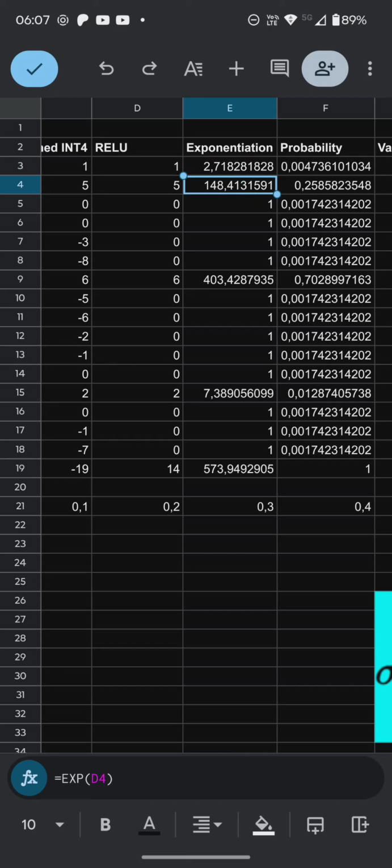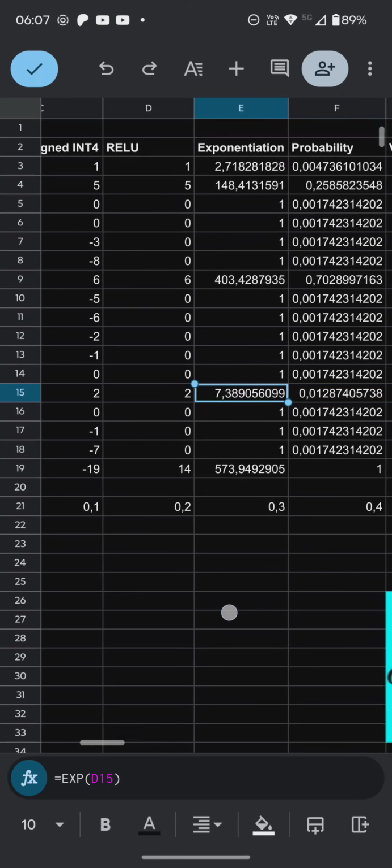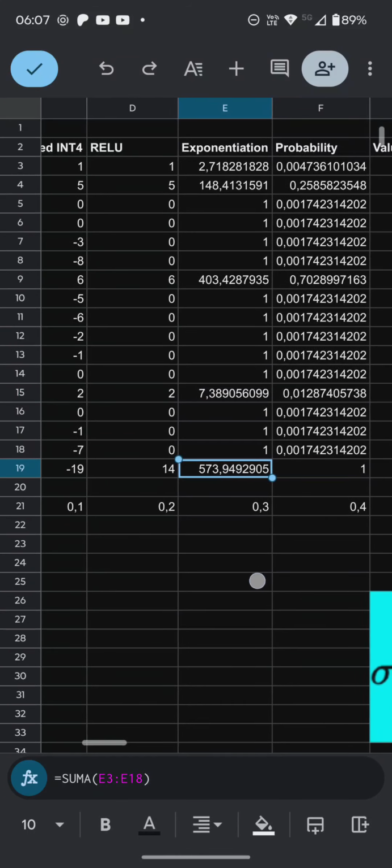But you can see that 5 is assigned a value of 148, 6 is 403, 2 is just 7.38, and importantly 0 has a value of 1, because e to the power of 0 is 1.